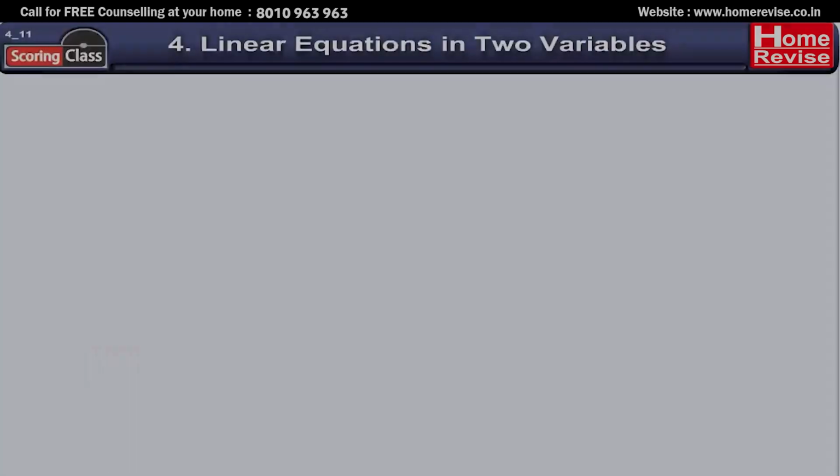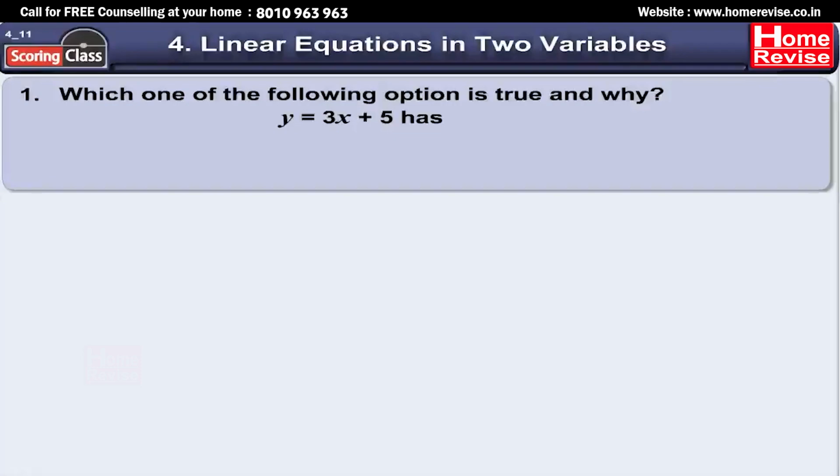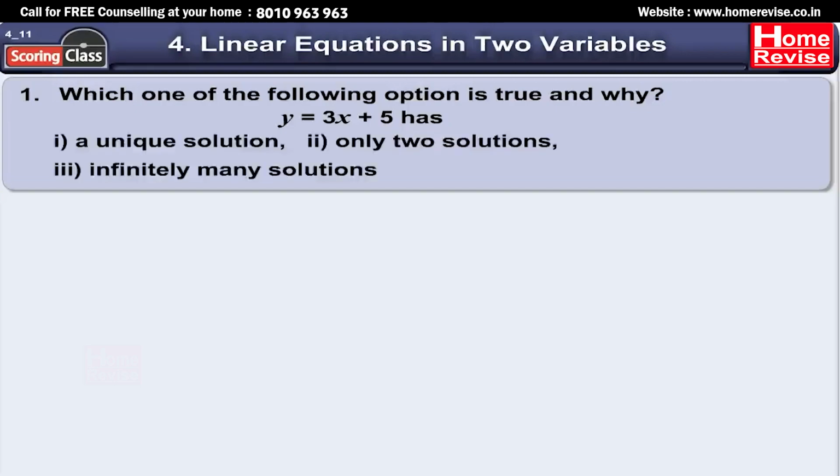Exercise 4.2. Which one of the following options is true and why? y is equal to 3x plus 5 has number 1. A unique solution. Number 2. Only two solutions.